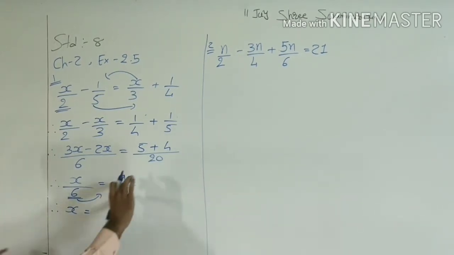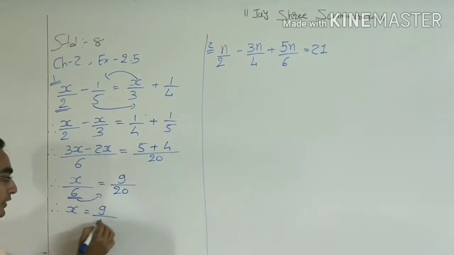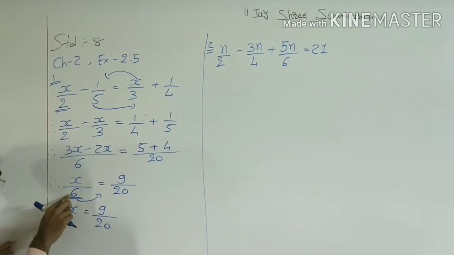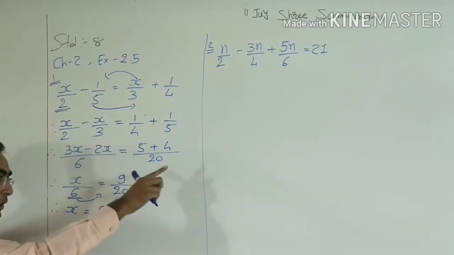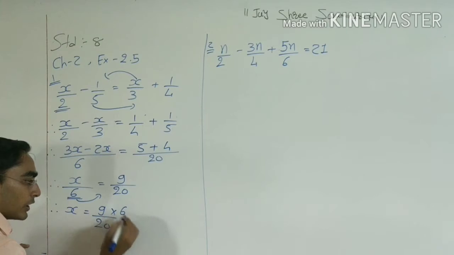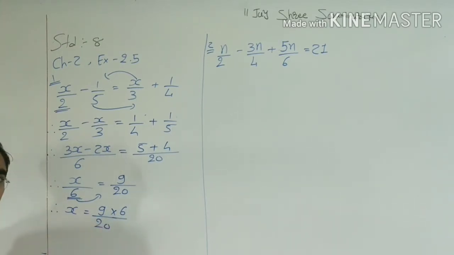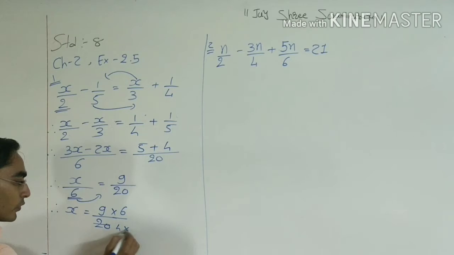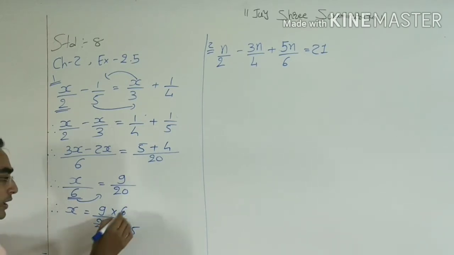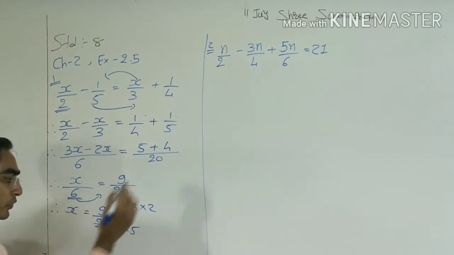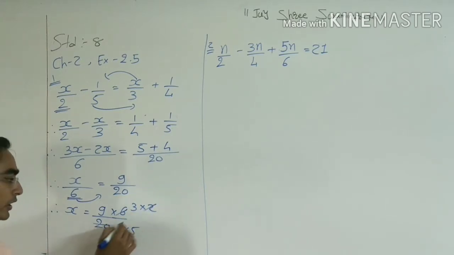9 upon 20 as it is. Right now 6 is division. If we transfer it to the right hand side, it goes to multiplication. So 9 multiplied by 6 divided by 20. Now we can simplify this. 4 5s are 20, 3 2s are 6, 2 2s are 4.